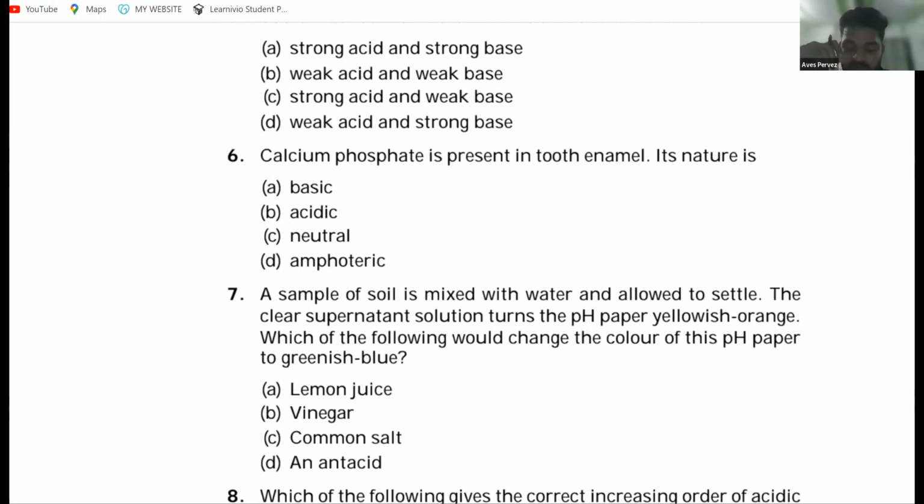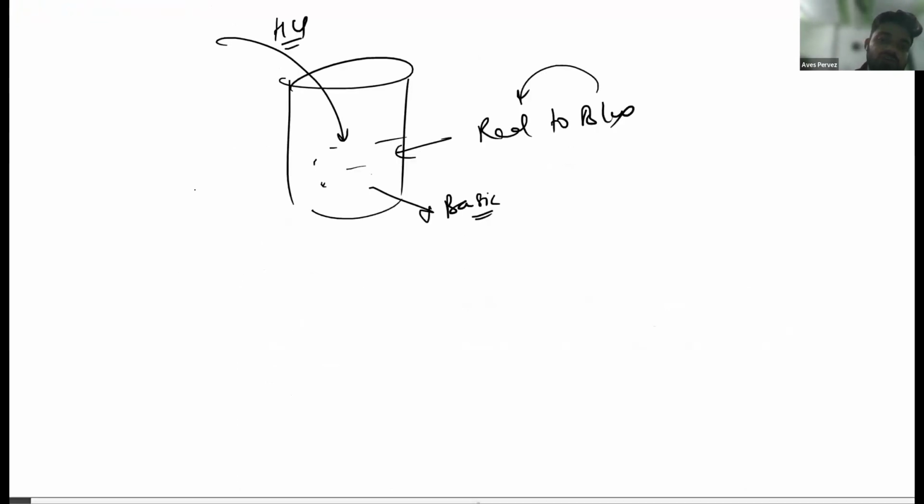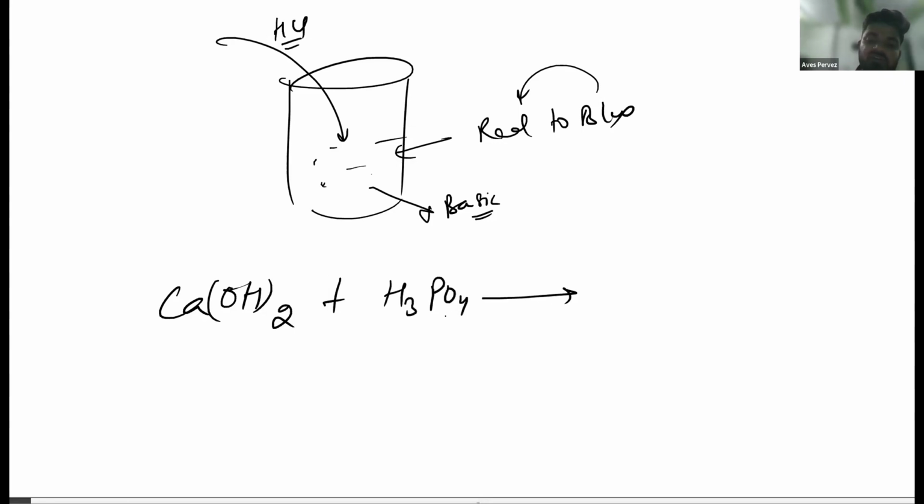Tell me, calcium phosphate, question number 6. Option A. Its nature is basic. Yes, calcium phosphate, we can say that its nature is basic. Why? Because I have taught you in the previous class that calcium phosphate is formed when calcium hydroxide reacts with H3PO4, that is phosphoric acid.